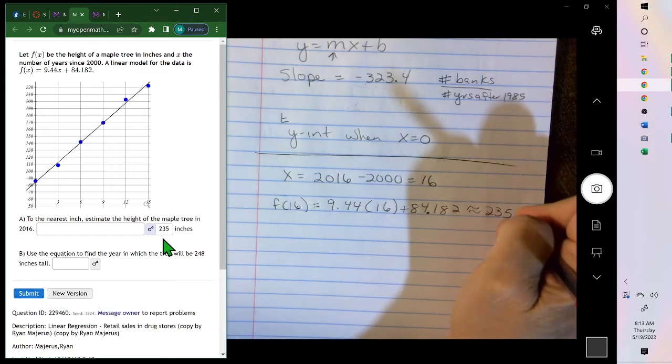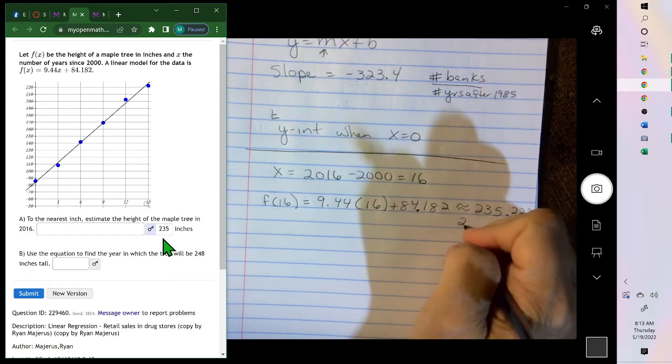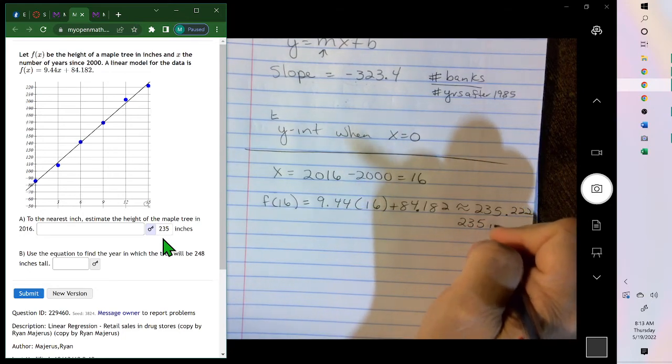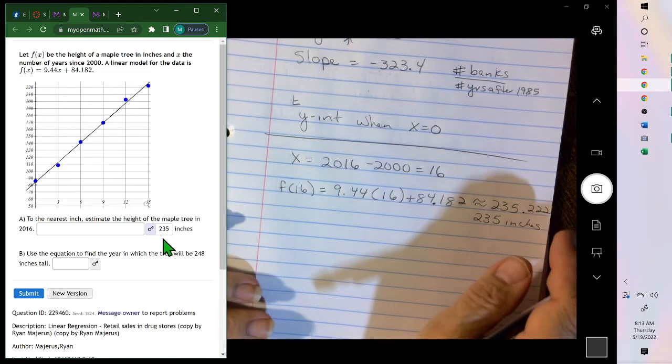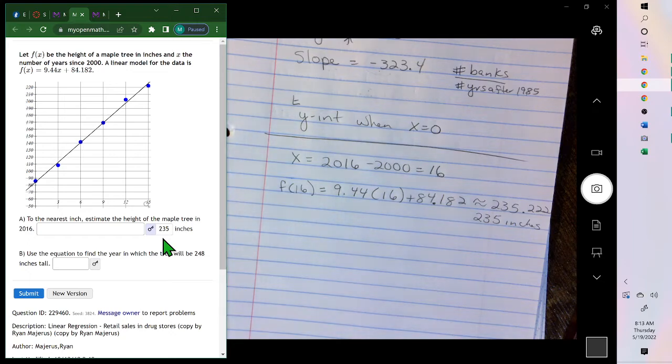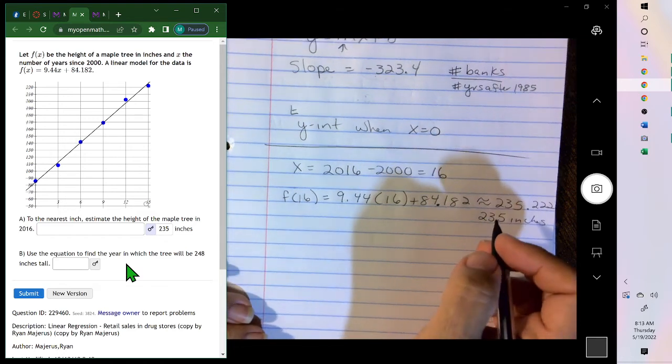It's 0.2222, but we're rounding to the nearest inch, so 235. Part B, use the equation to find the year. So in this case, we're finding the year when the tree will be 248 inches tall.